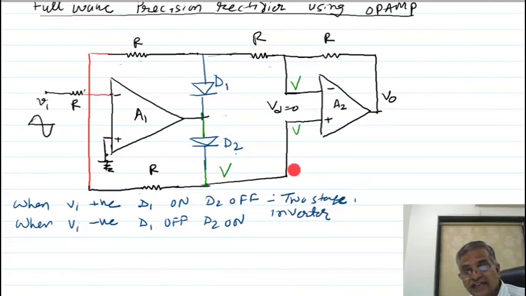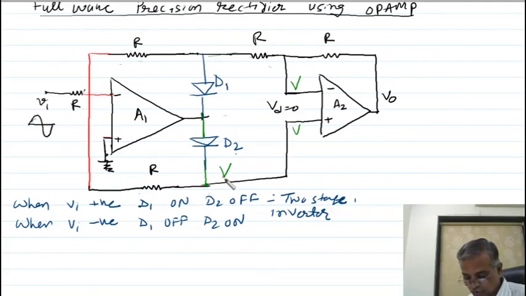You know Vi is negative, so negative becomes positive, and you will get a positive output. So for positive input you get positive, and for negative input you get positive. Both halves are converted into DC.